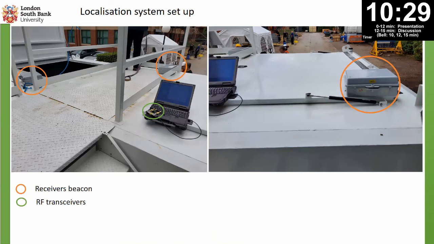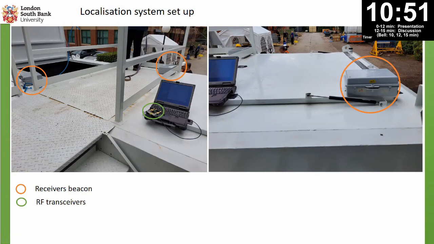So how many receivers do you have on the roof of this tank? I've got three receivers. And you're doing some kind of trilateration? Yeah, trilateration. Okay. How accurate is the measurement?